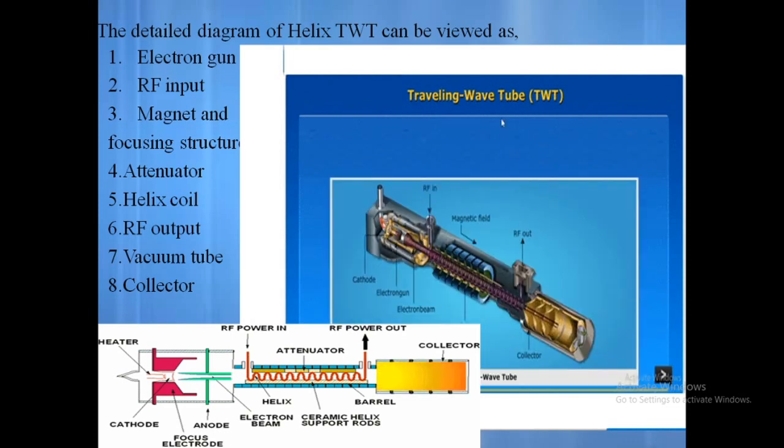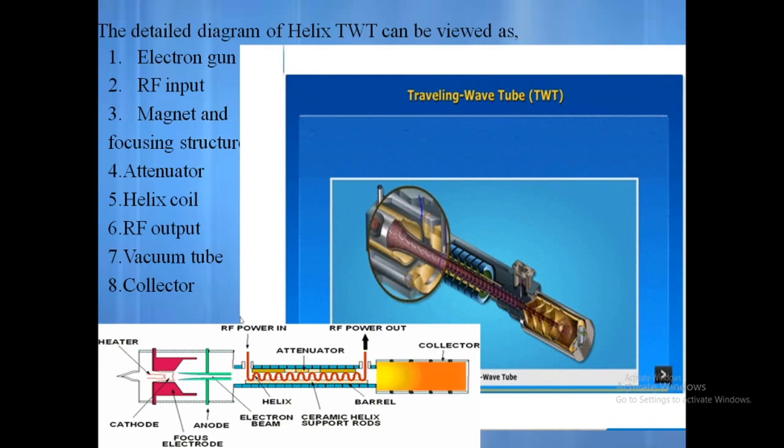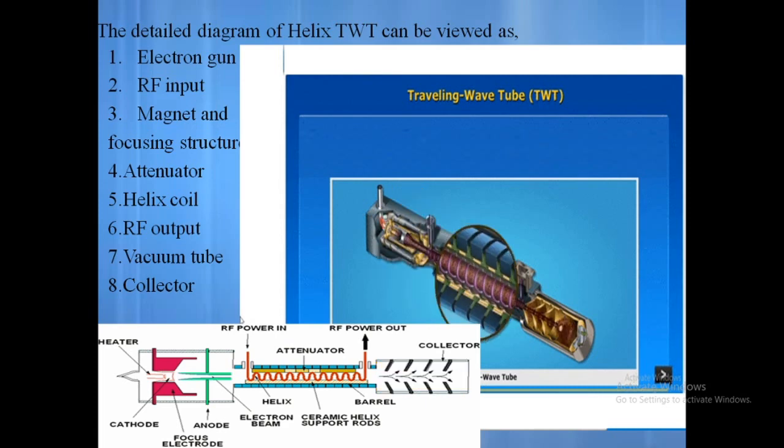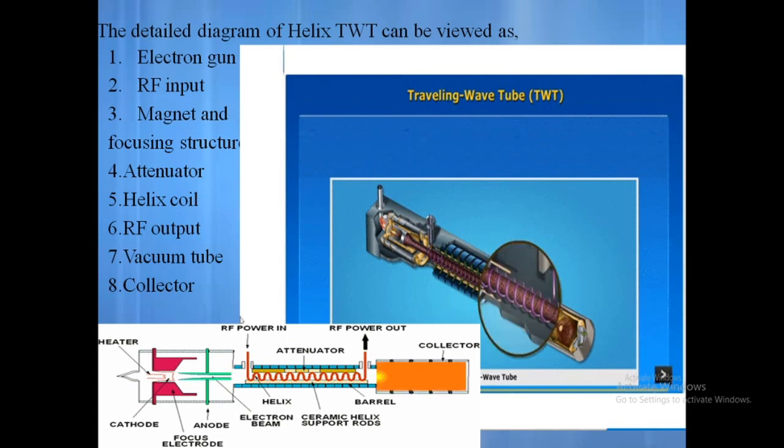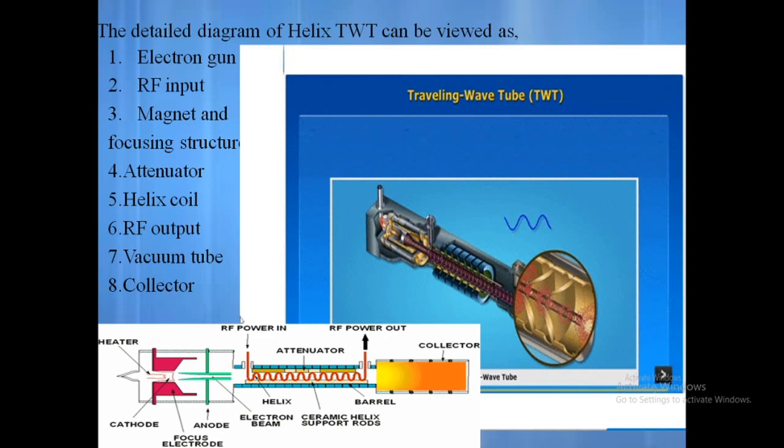Third one is magnet. The main function of using a magnet around the helical structure is to concentrate the signal towards the center, not to divert in other directions, so that there will be no loss in the signal. Fourth one, attenuator.